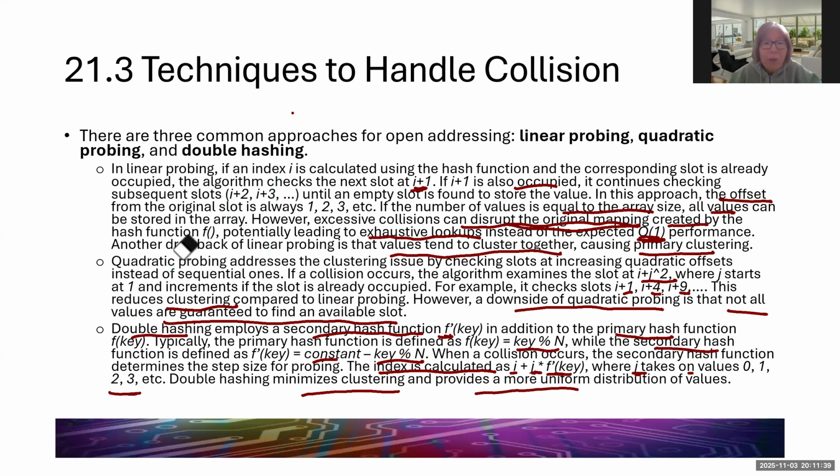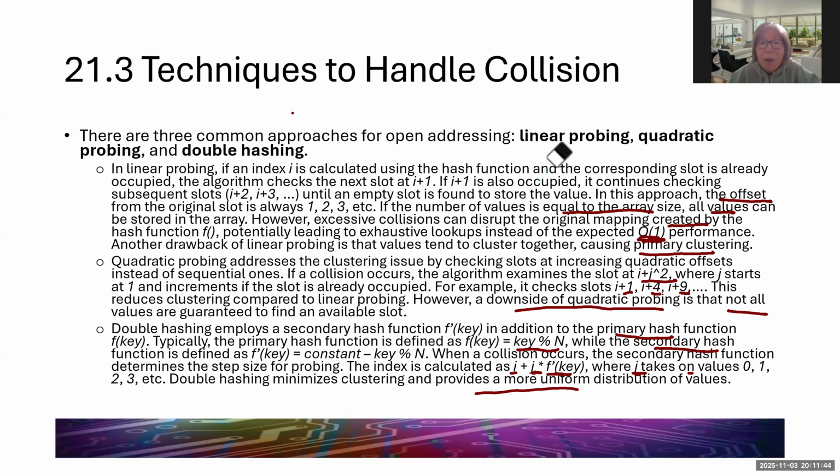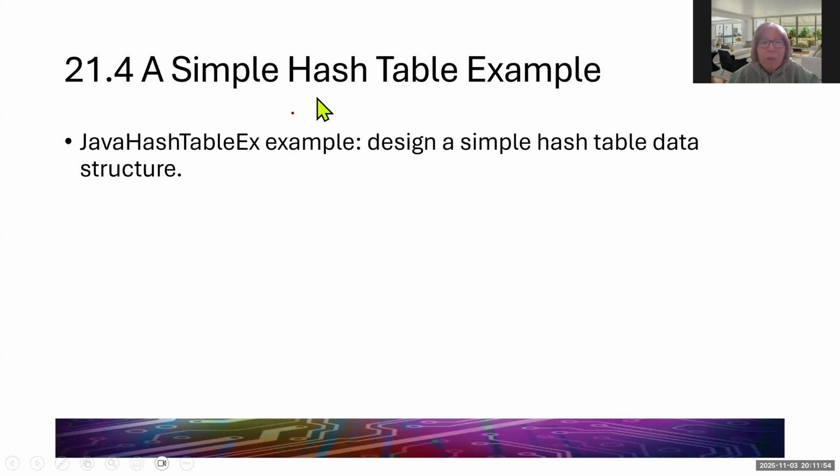Regarding all these three, all of the values are stored in the original array. The other approach we call chaining. For the next section, we will see a simple hash table example.